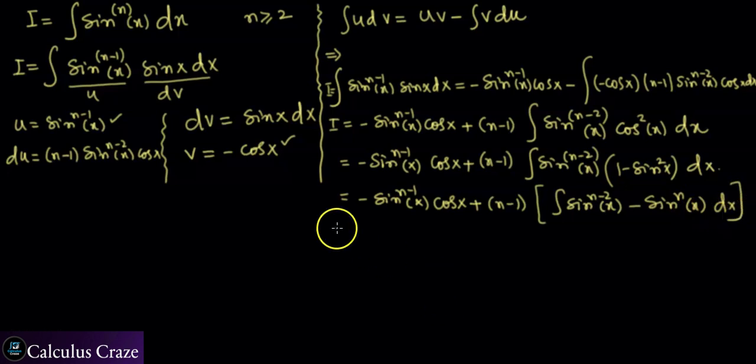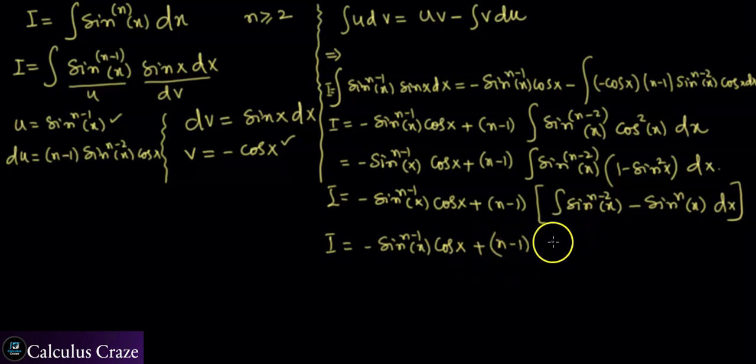Okay, so this is my integral I. So my integral I should be equal to minus sine power n minus 1 of x cos x plus n minus 1 times the integral of sine power n minus 2 of x dx, and then you will multiply this n minus 1 over here times the integral of sine power n of x dx.